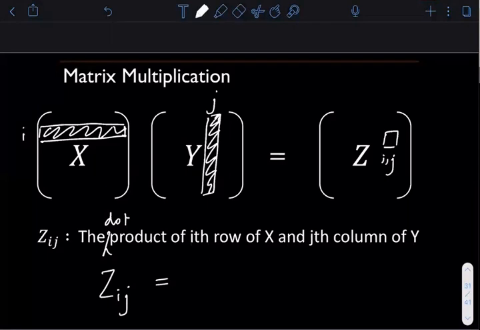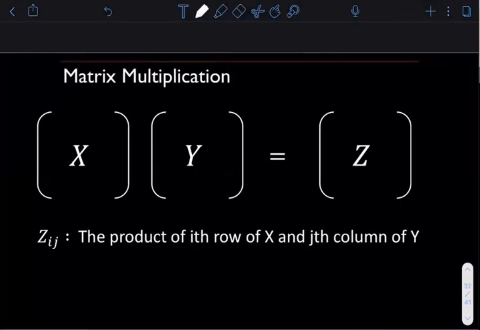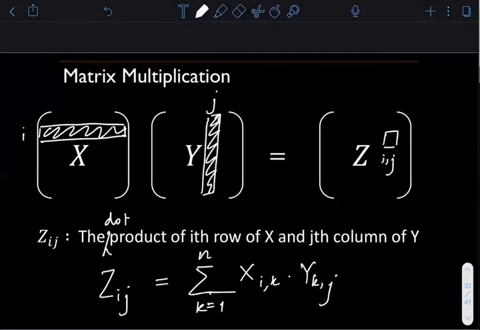This is going to be the summation over all the k's from 1 to n of X_ik times Y_kj. That's the Z_ij entry. Good. Okay, let's stick to this slide.